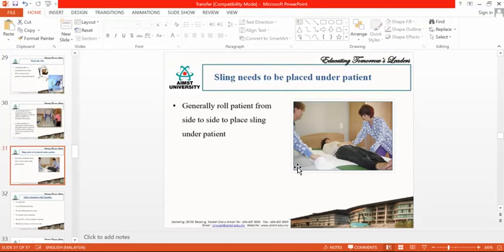Then slowly you can make them a little bit independent, and you can make them use a slider or any equipment to transfer. So that is your dependent transfer. In dependent transfer, you will be dependent either on a person or on equipment.